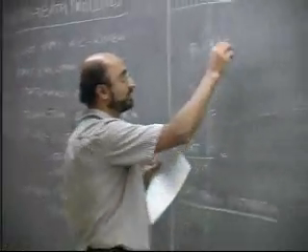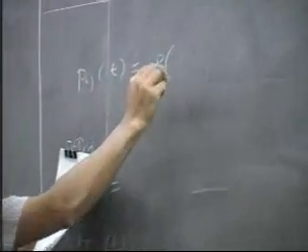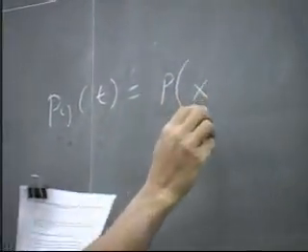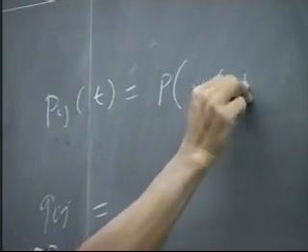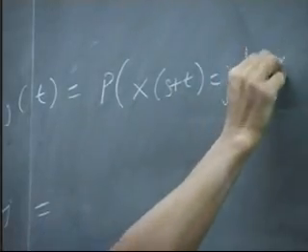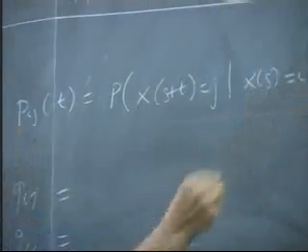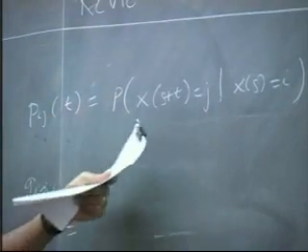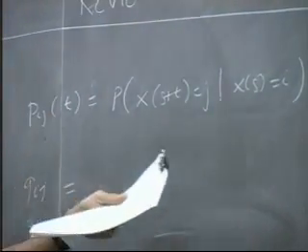This is defined as the probability that X(s+t) equals j conditional on X(s) equals i.